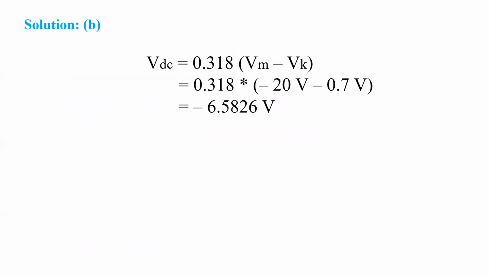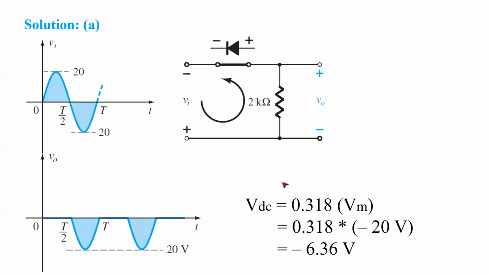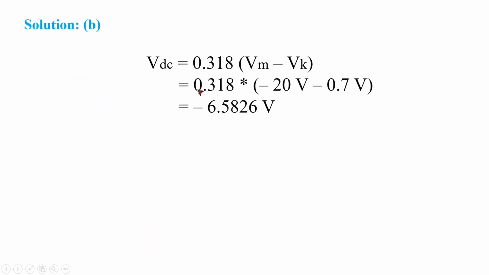Solution B. If you apply a silicon diode here, what will happen? For silicon diode, your VM minus VK will be there. 0.318, VM is minus 20 and VK is 0.7, right? So you should have minus 6.5826, but this is wrong.